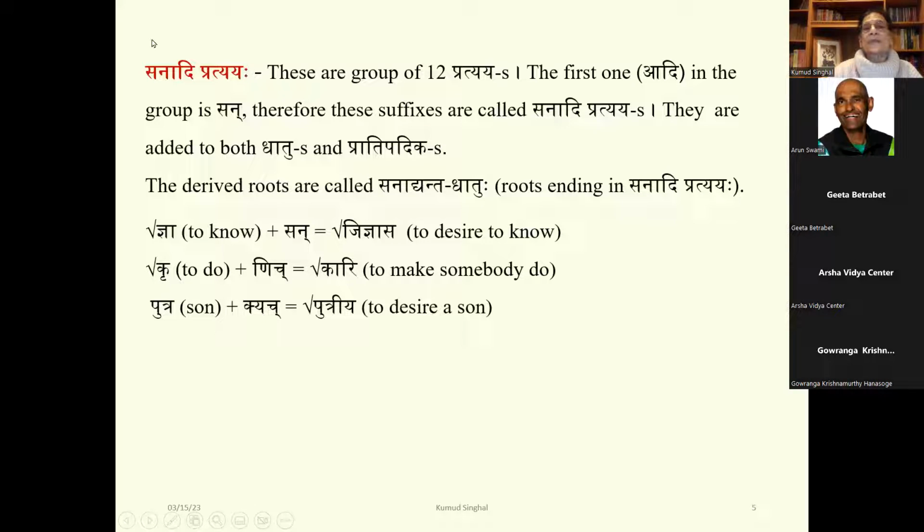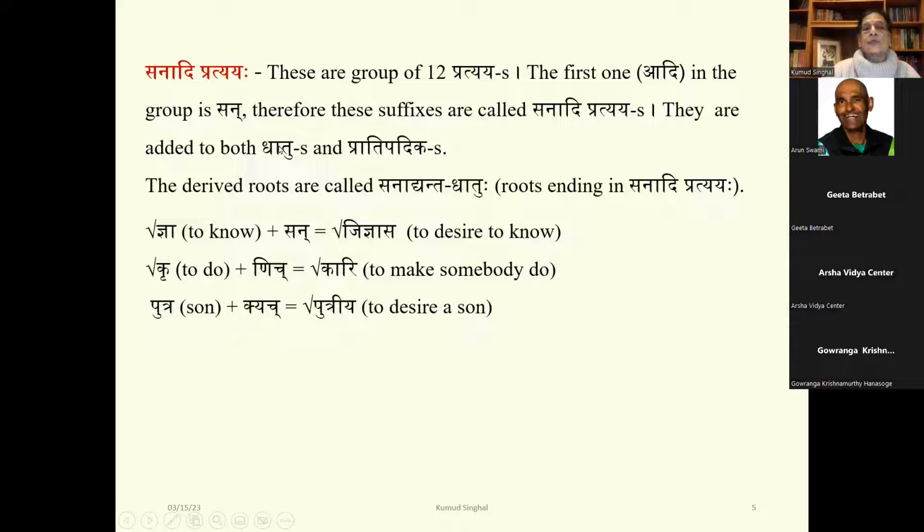Sanadi suffixes, there are a total of 12 suffixes. The first one in the group is called San, and that's why it's got the name Sanadi: San plus adi, like San and 11 extra suffixes. So therefore, these suffixes are called Sanadi.